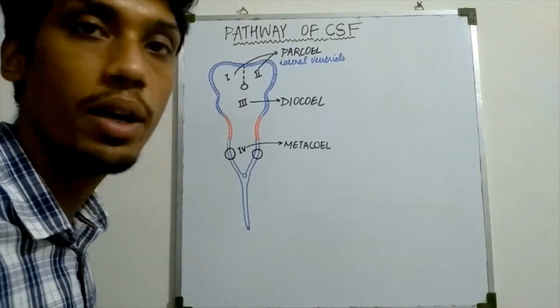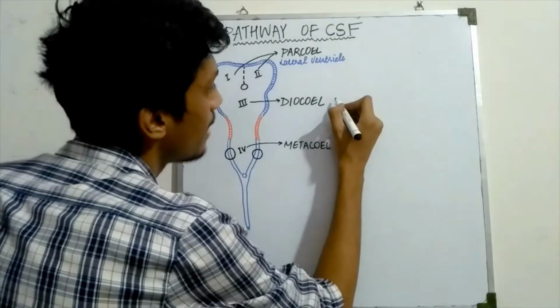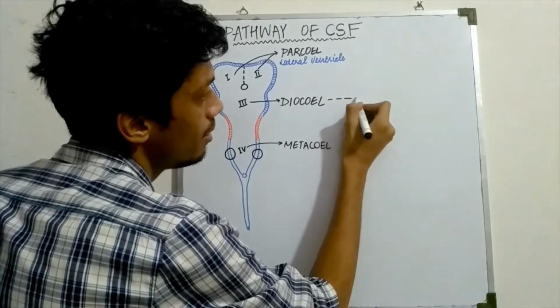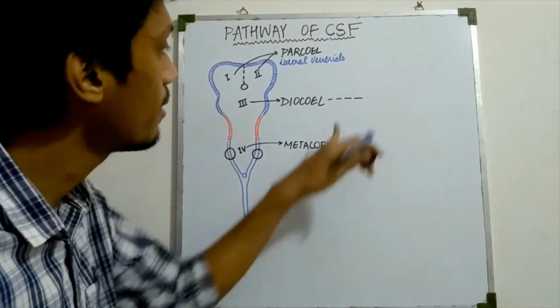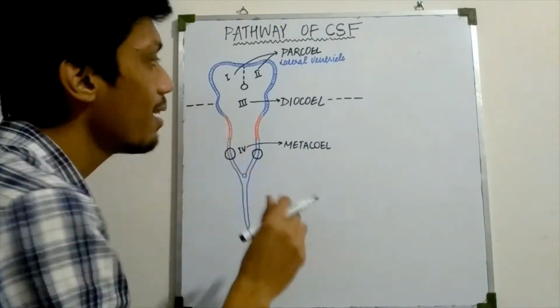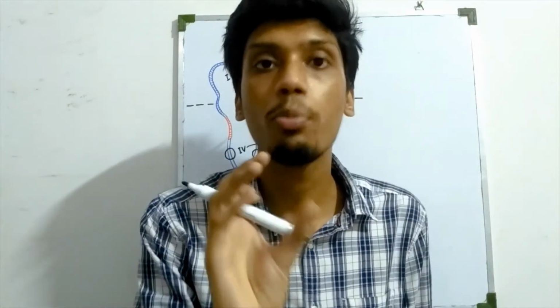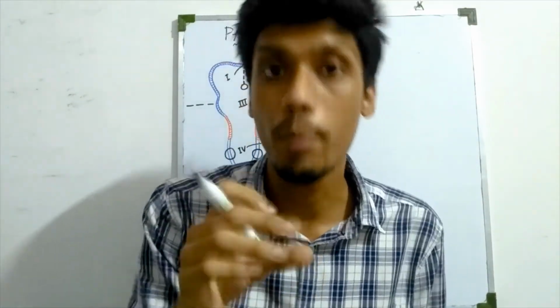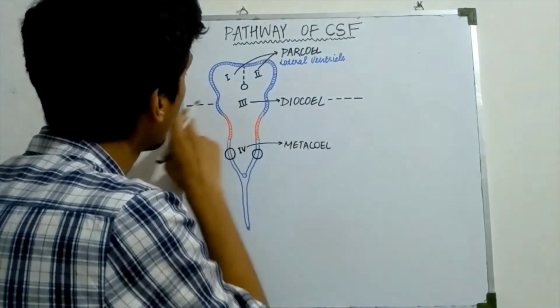So these are the 4 ventricles of the brain, and this diacele marks the middle line of the brain. This is the midline of the brain, so you'll know that this is the center part of your brain, the midbrain, where the corpora quadrigemina is present.